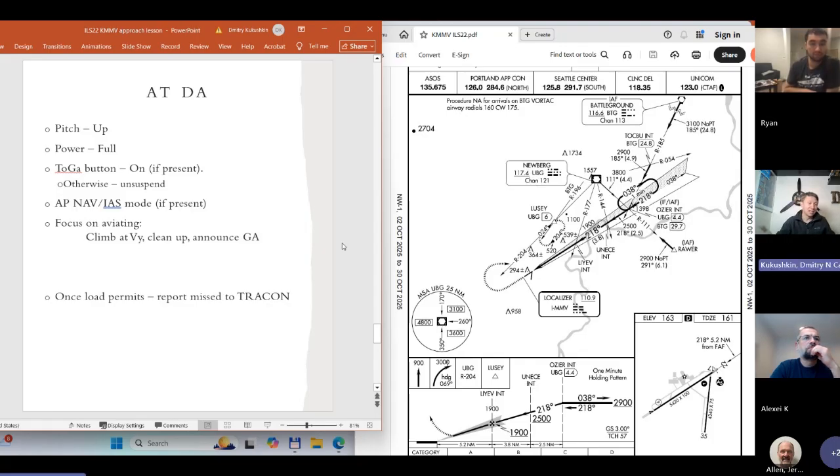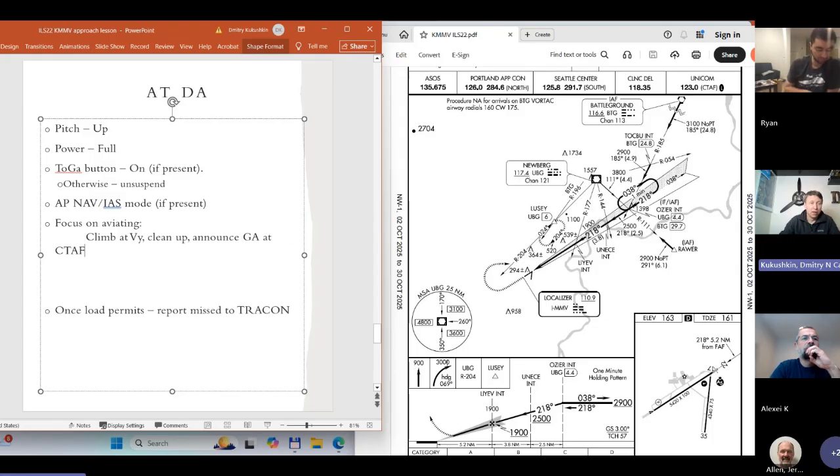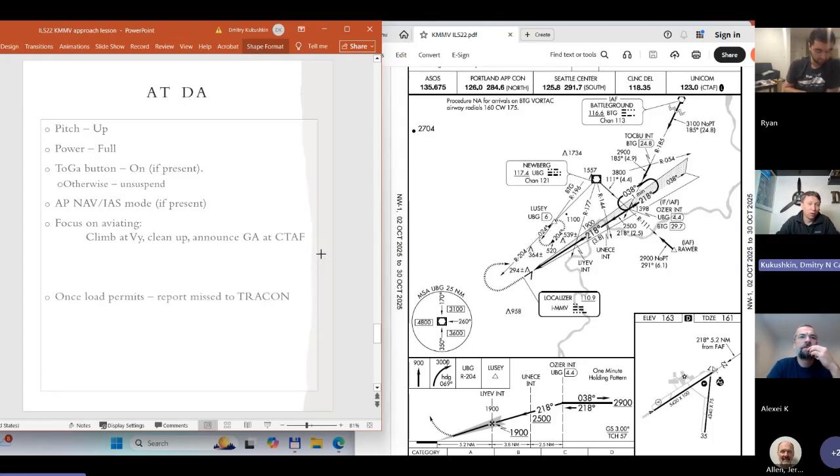Me teaching last Saturday one of go-arounds, it took us 5 minutes to remember that we didn't clean up the flaps. Very embarrassing. Clean up is important, and announce GA at the CTAF.